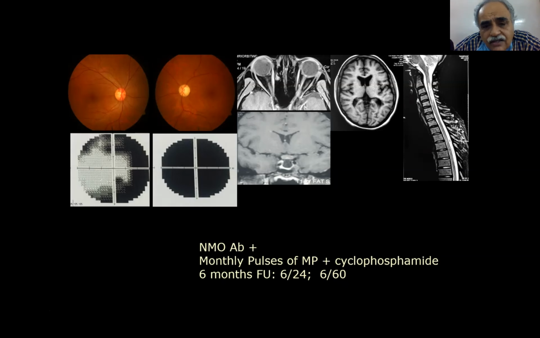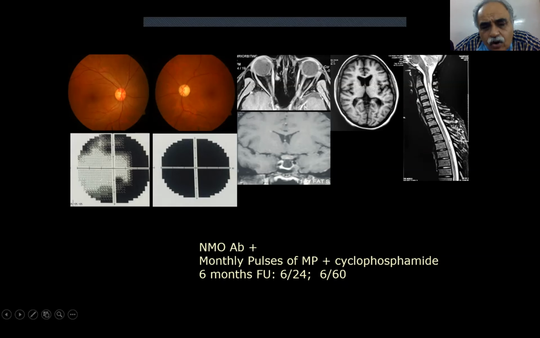But the clue is that these patients have a very typical radiology. They have a very typical presentation. Bilateral, sequential, severe visual loss, radiology showing enhancement extending across all the segments of the optic nerve, and also involvement of the chiasma.